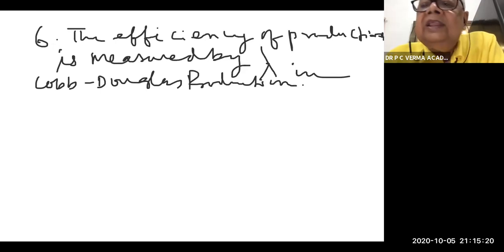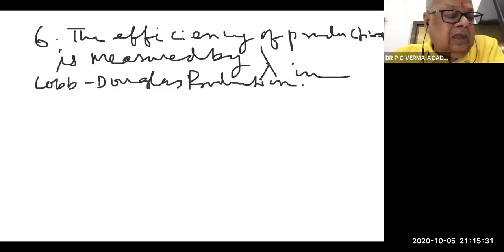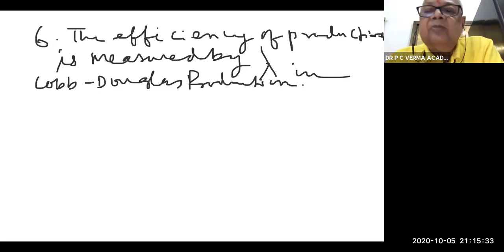If lambda is larger, company is very strong. Yes, sir, managerial efficiency. Managerial ability and entrepreneurship are very high. In NET JRF examination, this type of question is repeatedly asked.